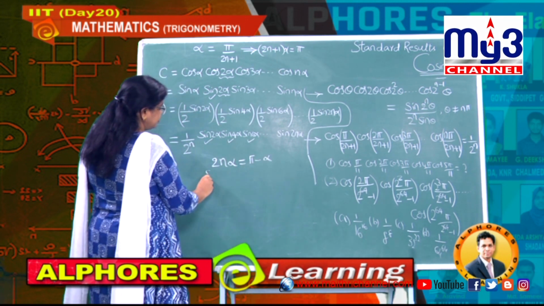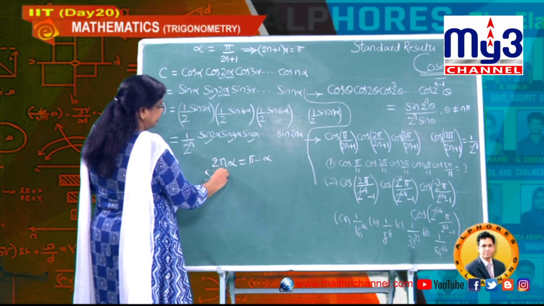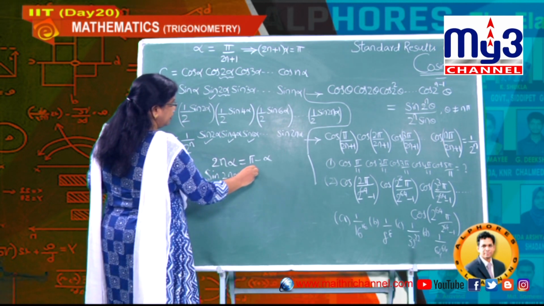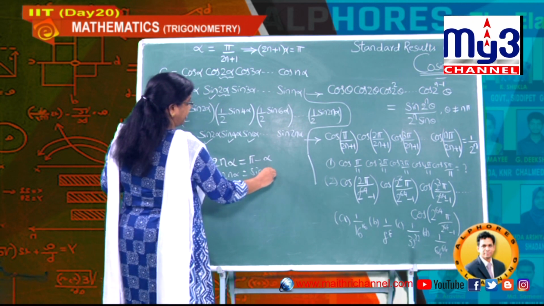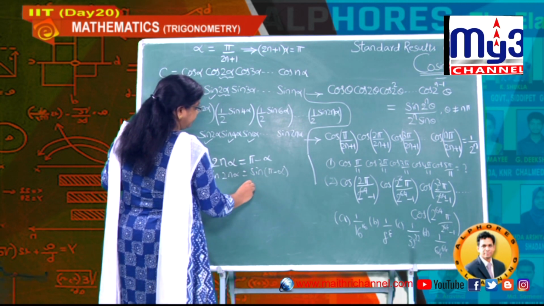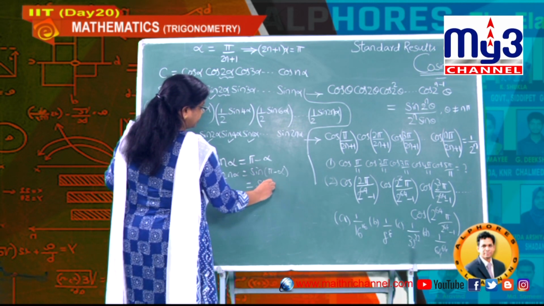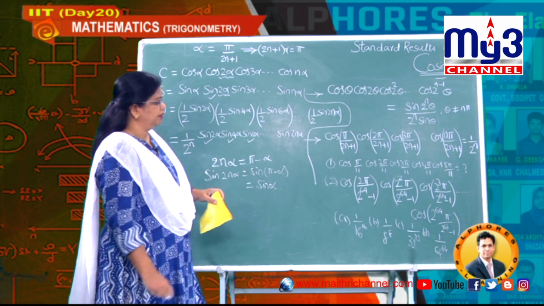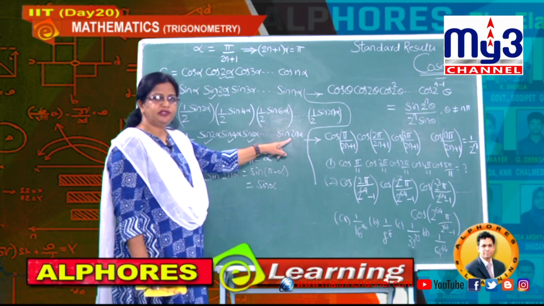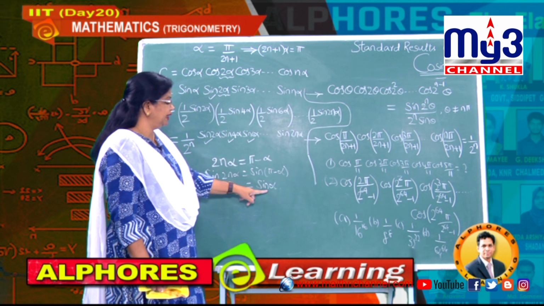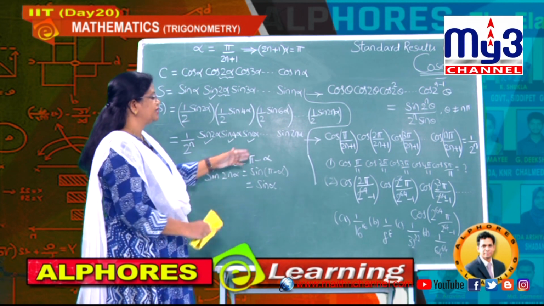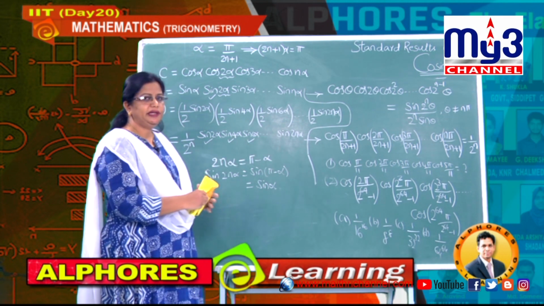Therefore sin 2n alpha is equal to sin of pi minus alpha, and sin of pi minus alpha, you know, is nothing but sin alpha. That means the last term, students, you got is sin alpha.